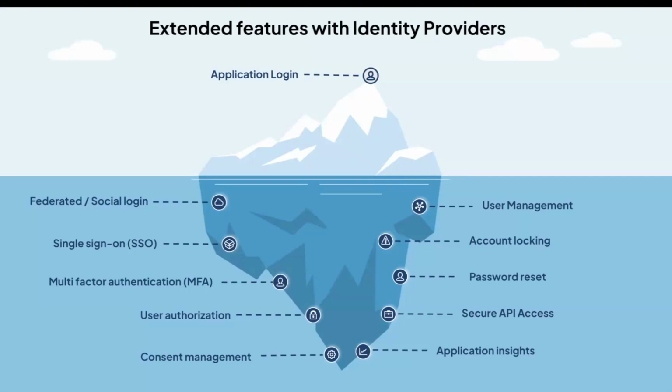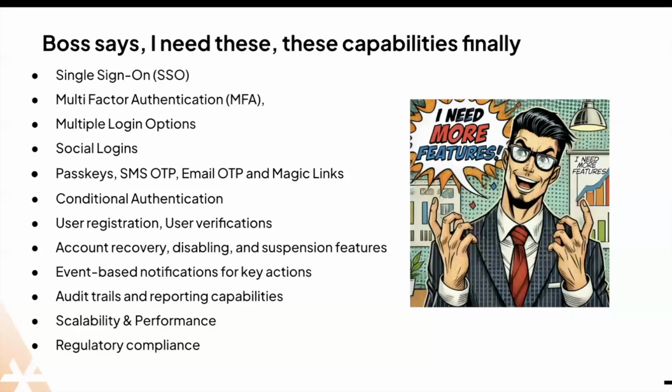Because of that, people get stuck after some time, then they decide to move out from these in-house identity providers and move to a standard identity provider, right? So that happens. After some time people will say they need more features, but at the end of the day, you have to implement everything.